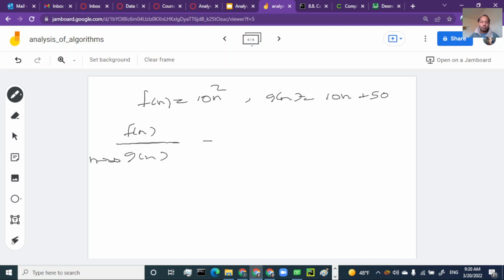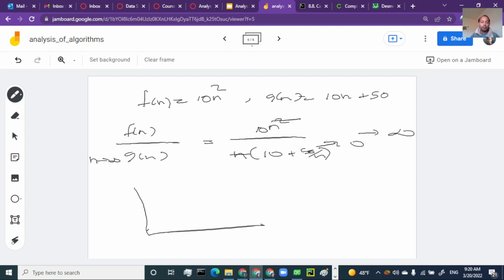Okay, so how do you write this? We have 10 n to the 2 and we take n out. So 10 plus 50 over n. Now we apply the limit. This guy goes to 0 and one of the n cancels off. So when n goes to infinity, this whole thing goes to infinity. So then basically Gn is always underneath Fn, after some constant, right?